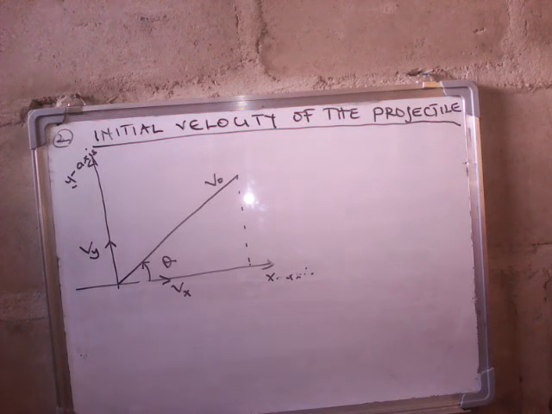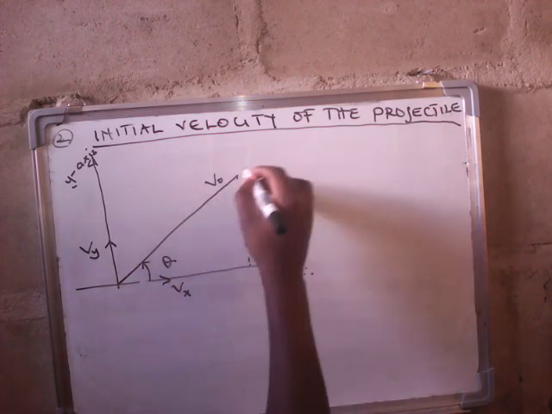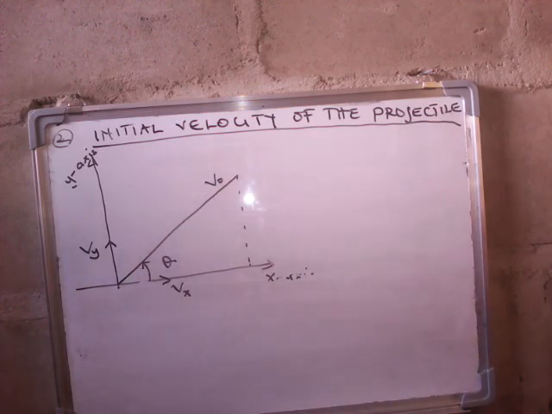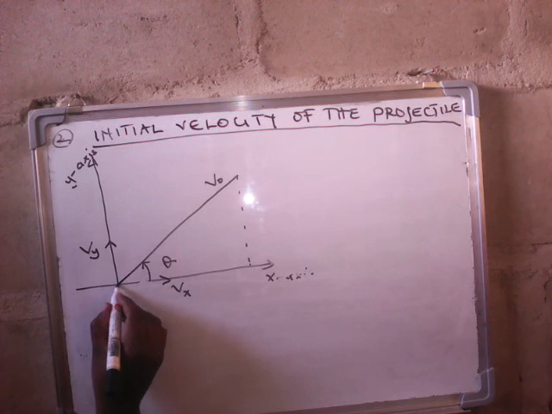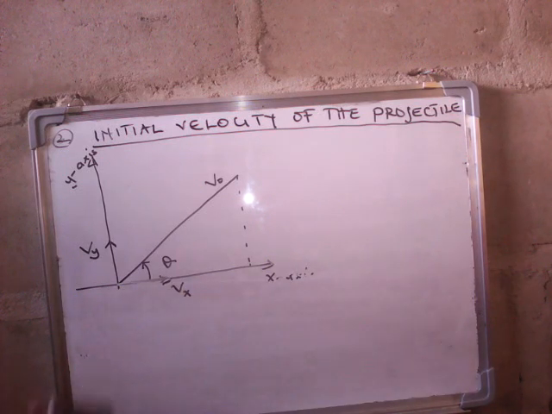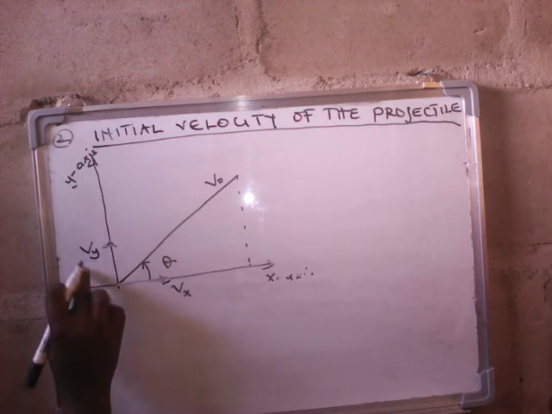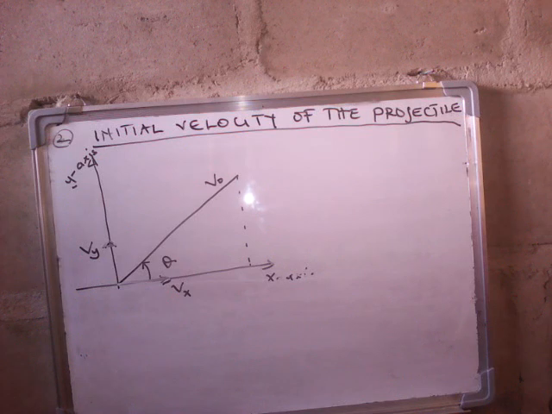All of us know that this particle, which is our projectile, is moving with the initial velocity v naught. But this v naught is divided into two components. We have the horizontal, which is the velocity used on the horizontal plane, and then the vertical, which is Vy, the velocity used on the vertical plane.